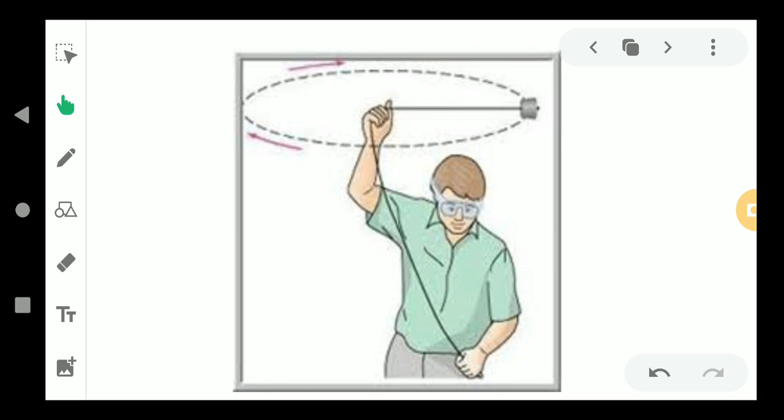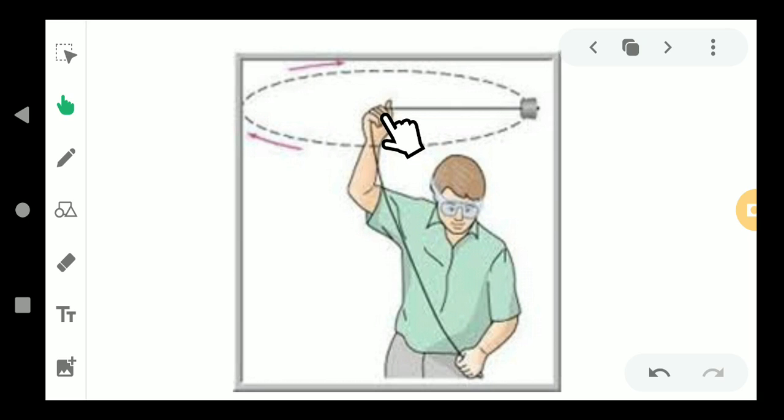Another example, you might have done it. Take a thread, tie it to a stone and whirl it around. Whirl means to rotate it like this. Here also this stone is having a circular path. This is the axis point, the center point.